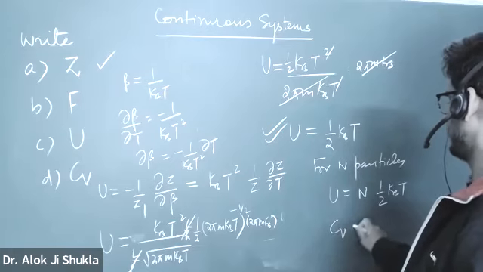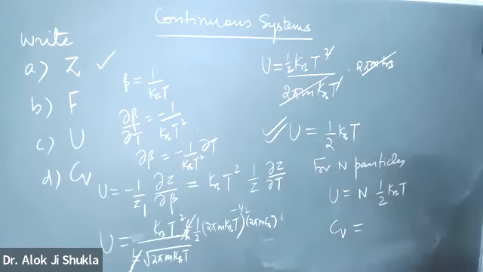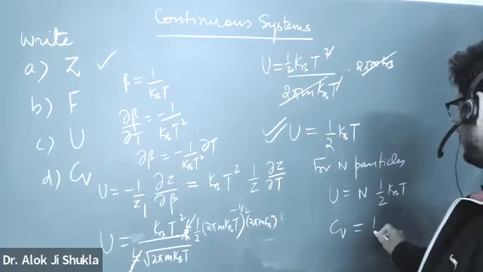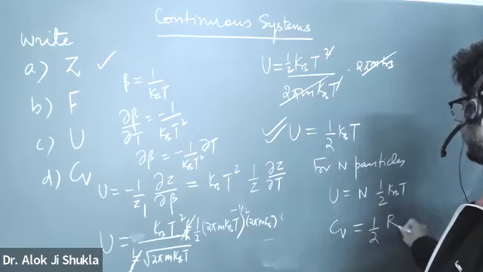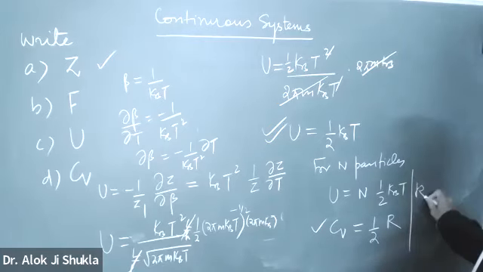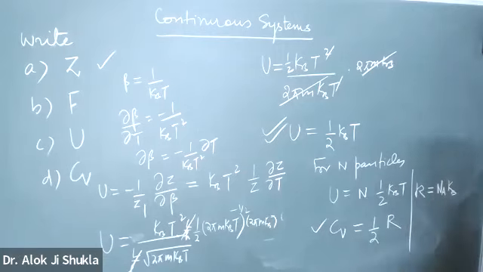And if you want to get Cv, it will be derivative of this, and N will become NA. So it will become how much? Half of R. This will be Cv. And what is R? R is NA, Avogadro number, into kB, Boltzmann constant. Please see this.